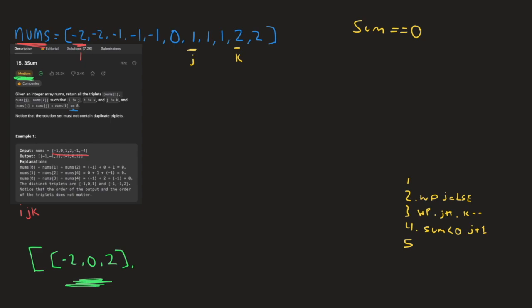We will continue on. So we've got -2 plus 1 plus 2, and that ends up being 1. In that case we would execute rule number 5. Rule number 5 is, if sum is not equal to 0 but instead greater than 0, which in this case it is, because -2 plus 1 plus 2 is 1. So what do we want to do?